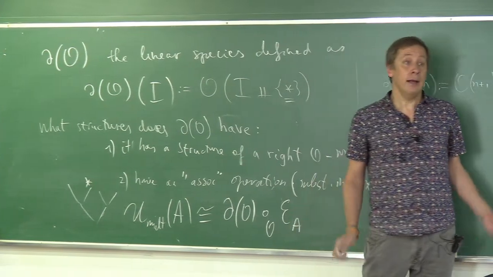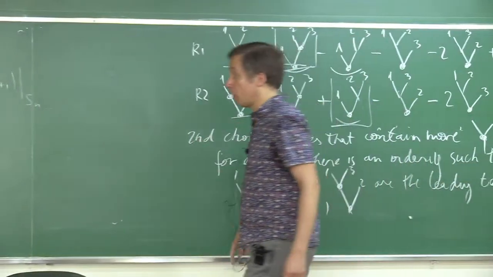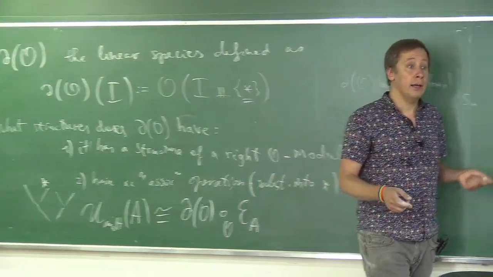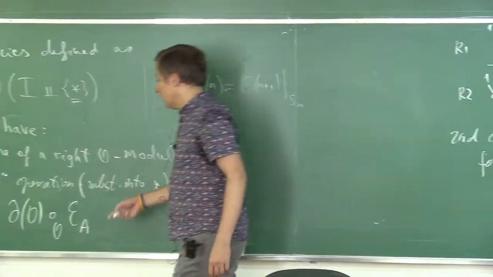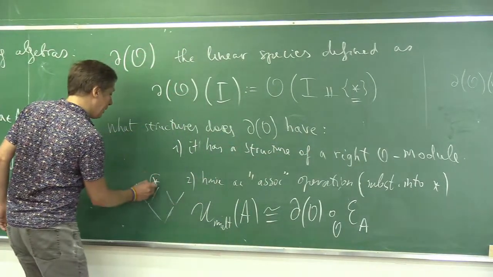EA is a left O module because A is an algebra, so we can take this composite product over O. And this right O module structure doesn't touch star.